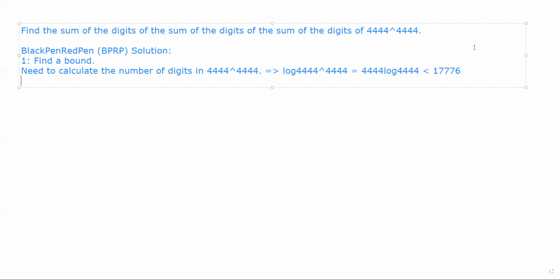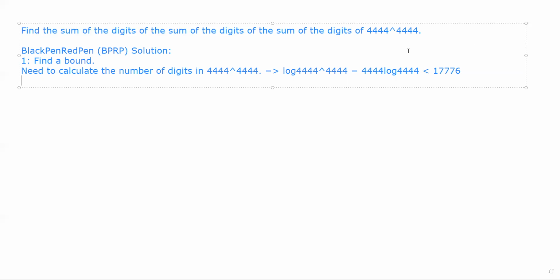Now, it's pretty obvious and intuitive that if you were to replace every single digit by 9, then you would get a maximum digit sum, basically. For example, the maximum digit sum of a 2-digit number would be 18, and that comes from the number 99. The maximum digit sum of a 3-digit number would be 27, and that comes from 999.